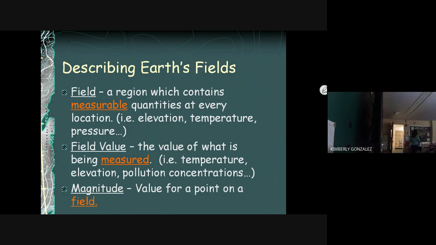So you have the field, the area where you can do the measuring, the field value, the thing being measured in the field, and the magnitude, the actual value. So you have the area, the thing being measured, and the number.